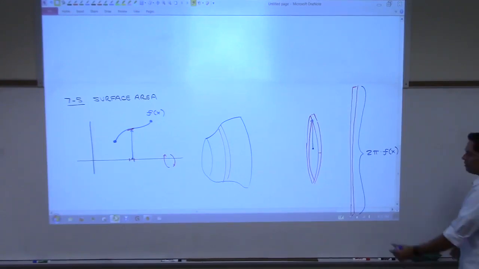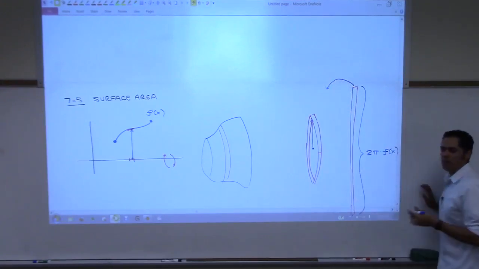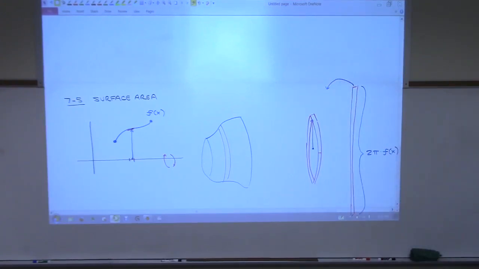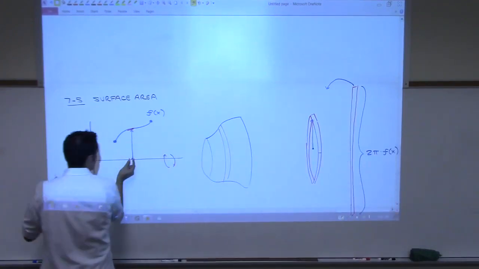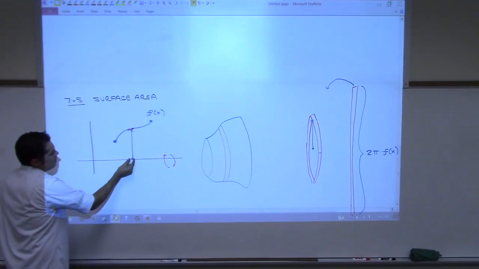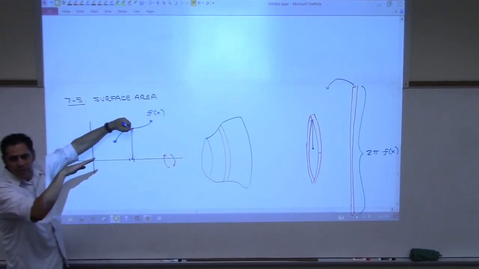The width is the part that is tricky, because your instinct probably wants to tell you dx. But it's not dx. dx is the width of this, right? But the width of our rubber band actually has a slight angle to it, doesn't it?